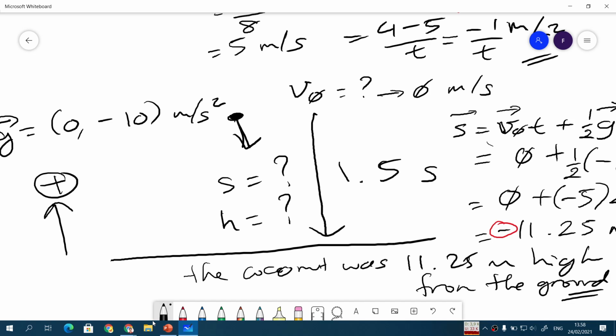Okay, any questions? So basically freefall motion is KLPP in the y direction. You can just use the KLPP formula. Just remember, replace a with g.